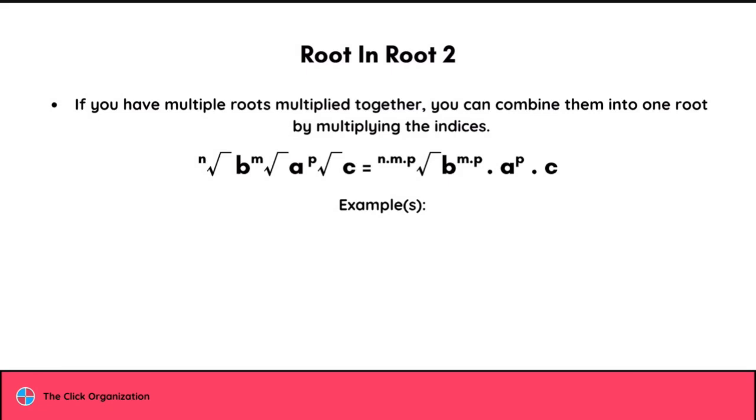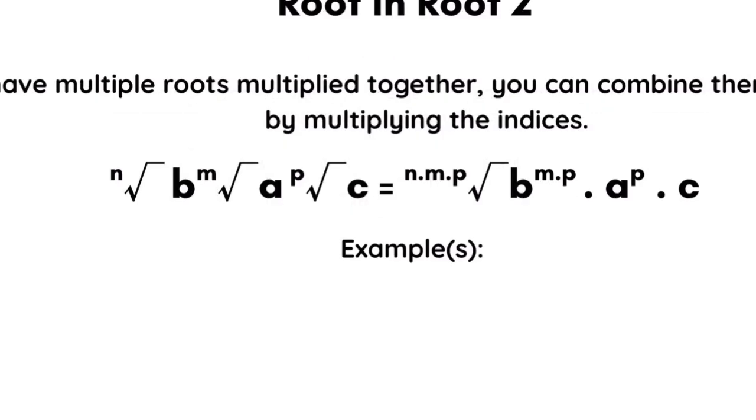If we have root and root, but all of them have radicands, at that time what should we do? We still multiply the degrees, but the thing that we need to consider is to put the degrees in front of a radicand as its power in multiplication.